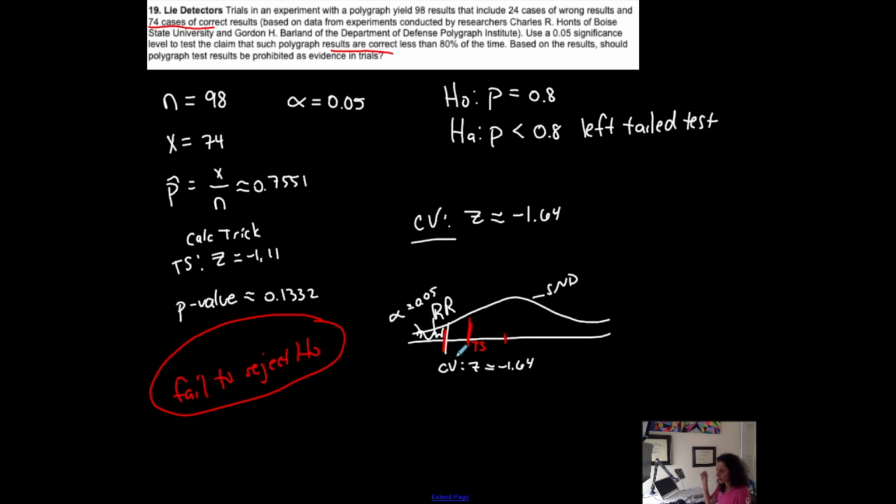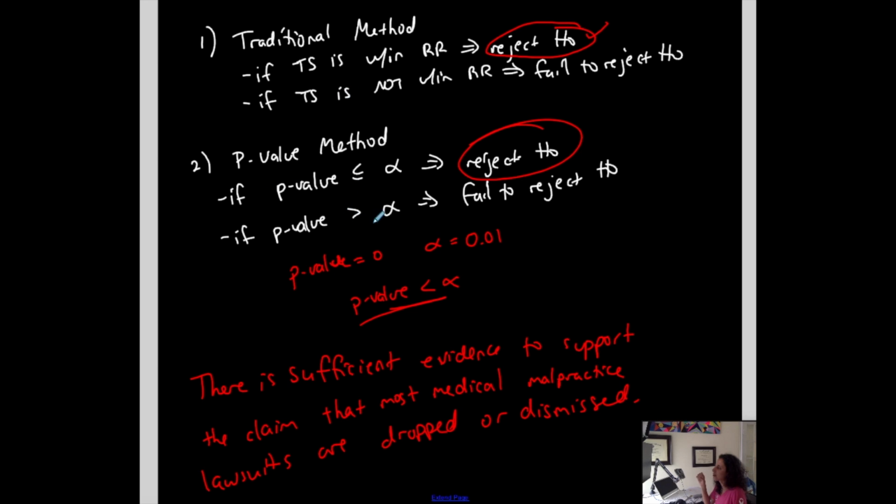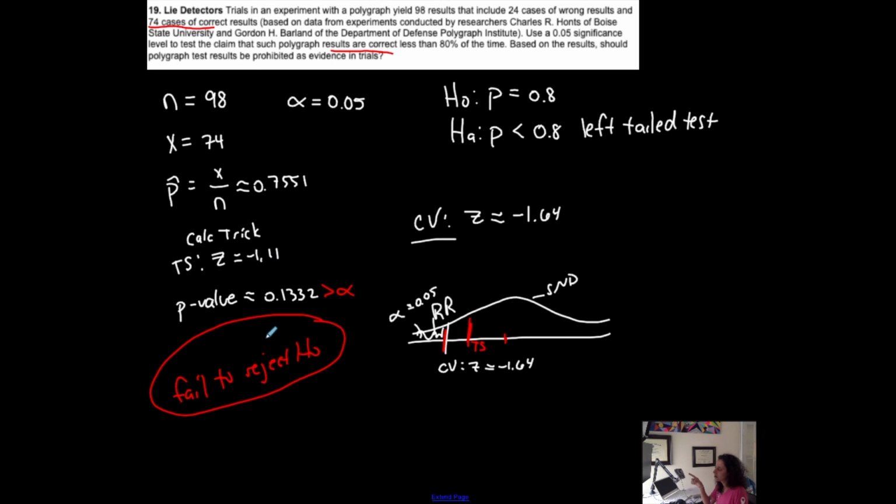Using the p-value method, I'm comparing the p-value to alpha, and the p-value is definitely bigger than alpha, right? 0.13 is bigger than 0.05. And if the p-value is bigger than alpha, then I fail to reject the null. I come to the same conclusion either method. Fail to reject the null.